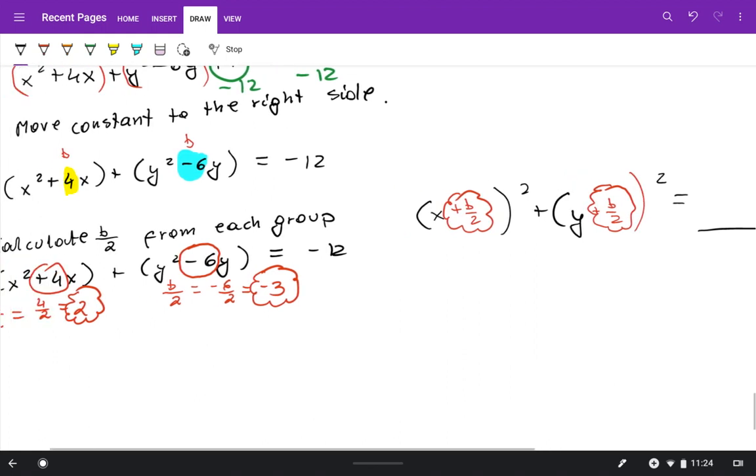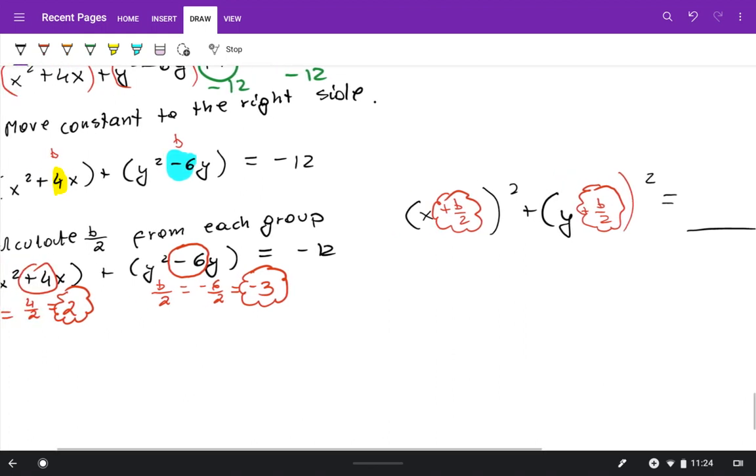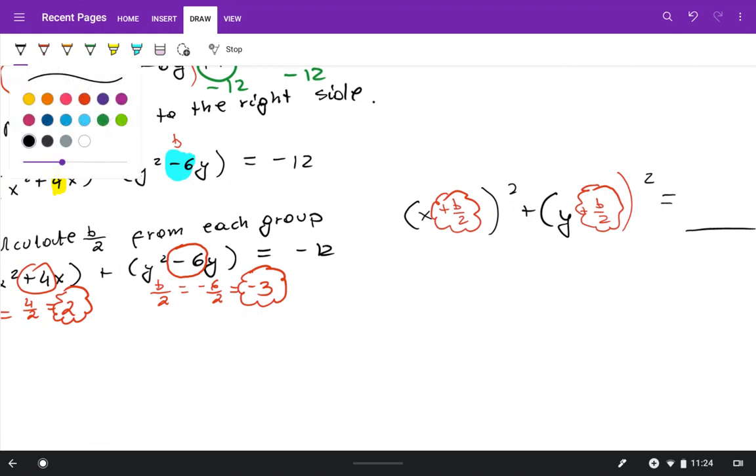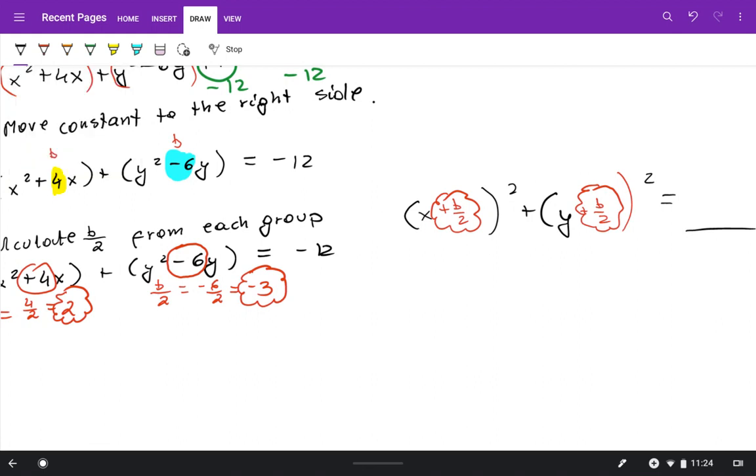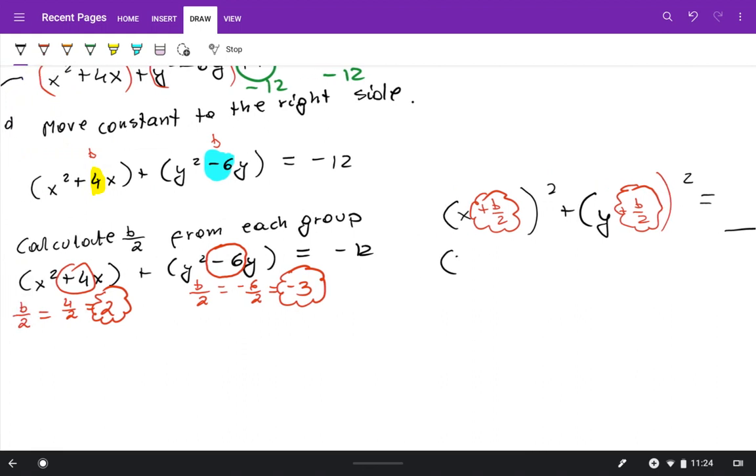Okay, so by having b over 2, I'm teaching you a little bit of a shortcut. So I already know that our equation of a circle, the left side, will look this way. X, and my b over 2 was positive 2, so I have x plus 2, and that was that b over 2, square, plus y plus b over 2.